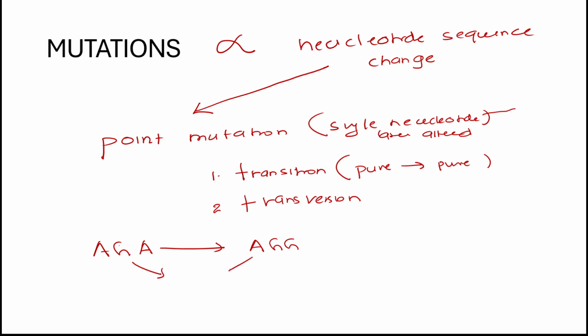Both of these are coding for the same amino acid. So will there be a difference? No. Ultimately you would not see any change or mutation manifested in this individual. Therefore, such mutations are kept silent. Hence the term silent mutations. Silent mutations. Are we clear?